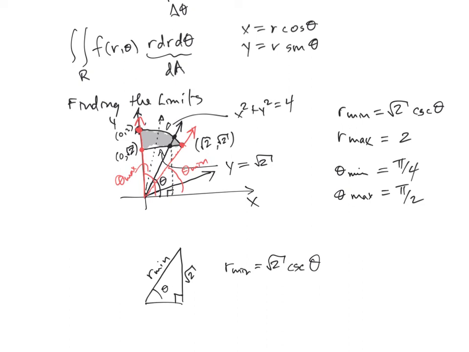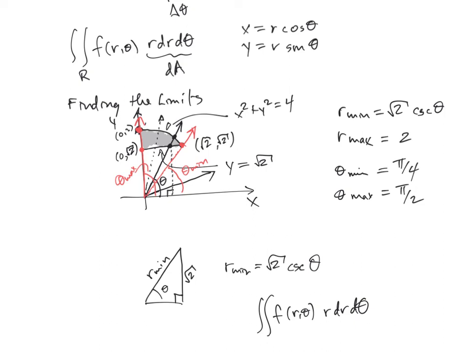Notice again, we're going to integrate with respect to r first. So our integral over the region R, we weren't told what the function is. We don't care here because we're not actually solving the integral. We're just setting it up, right? It's going to be r dr d theta, where we're going to integrate with respect to r first.